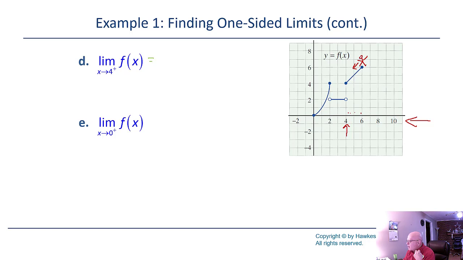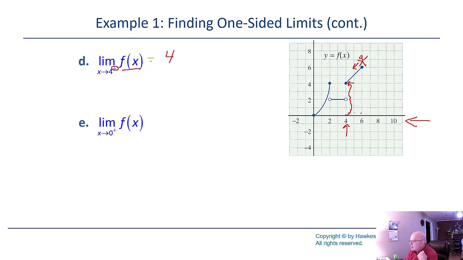As I get very, very close, sneak up on this x value of 4, but not hitting it, the y value, which is what the limit refers to, gets closer and closer to a 4. Never quite hits it, because we're only approaching it. So our limit of f of x, as x approaches 4 from the right, is a 4.